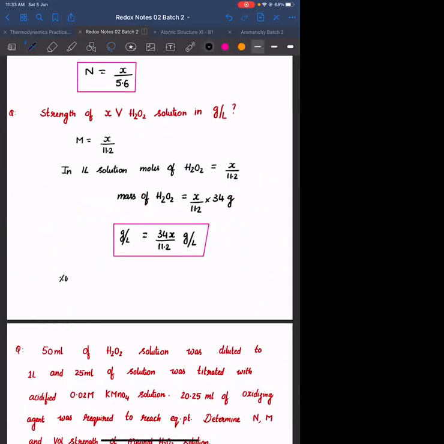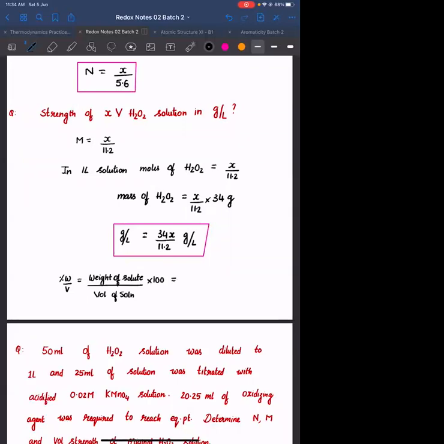What is percentage weight per volume? Equals to weight of solute upon volume of solution into 100.